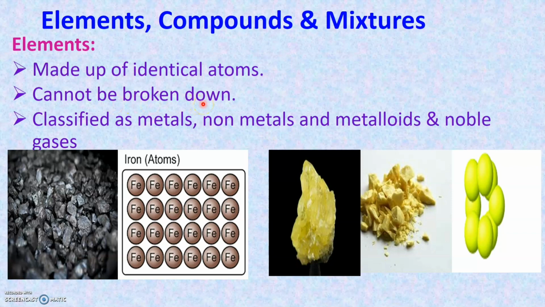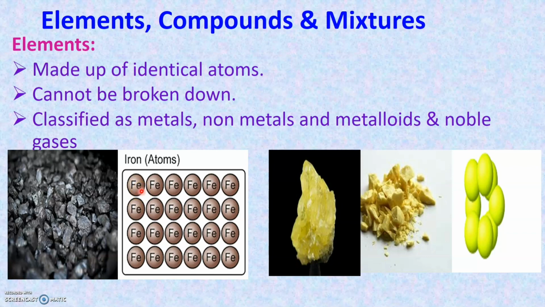Say for example, we take an element that is iron. If we take any of these iron pieces as you see here in the picture and try to divide it, the smallest unit that we get here is the iron atom, which is represented here as a ball with Fe written at the center of it.